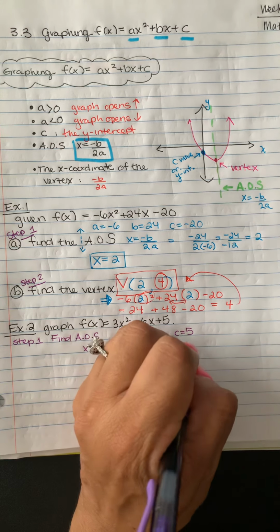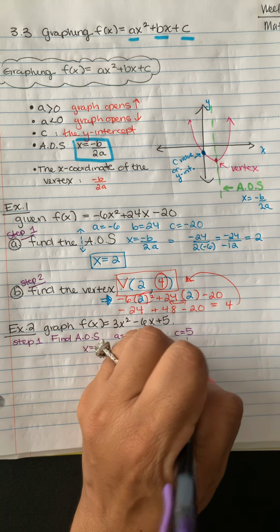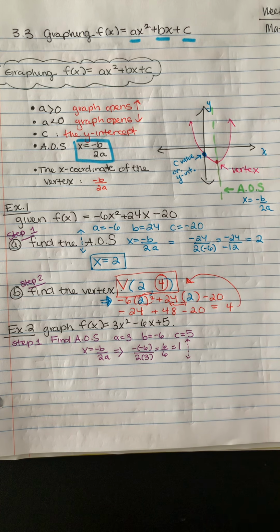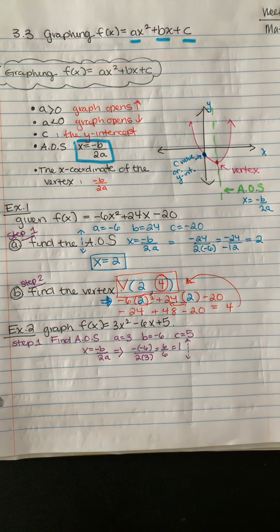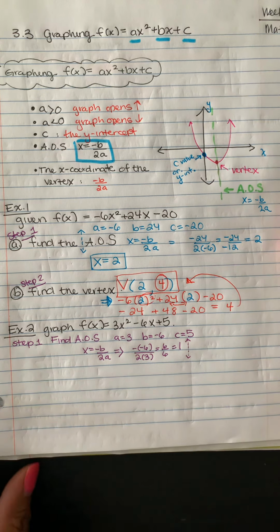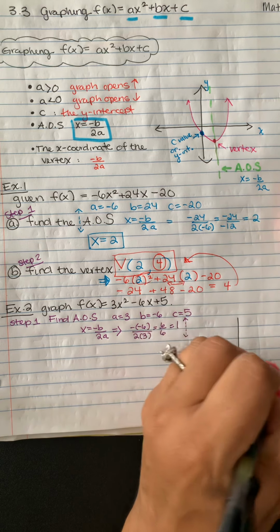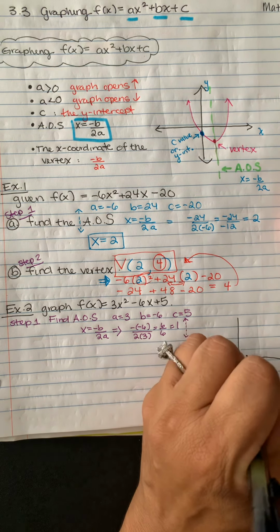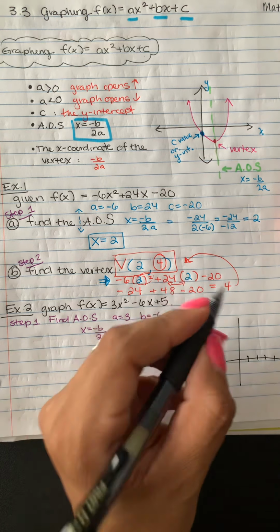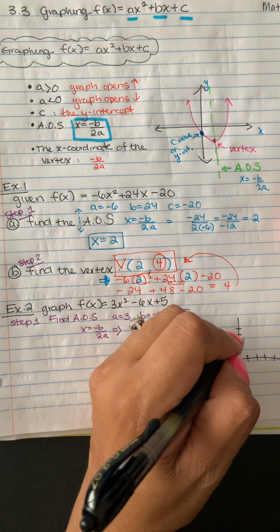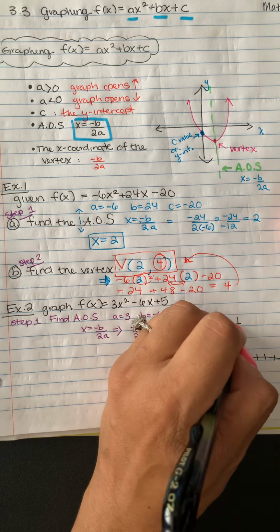Okay, so remember our AOS is that dotted line. So I'm going to start building my graph with the given information. So let's see. 1, 2, 3, 4, 5. 6.